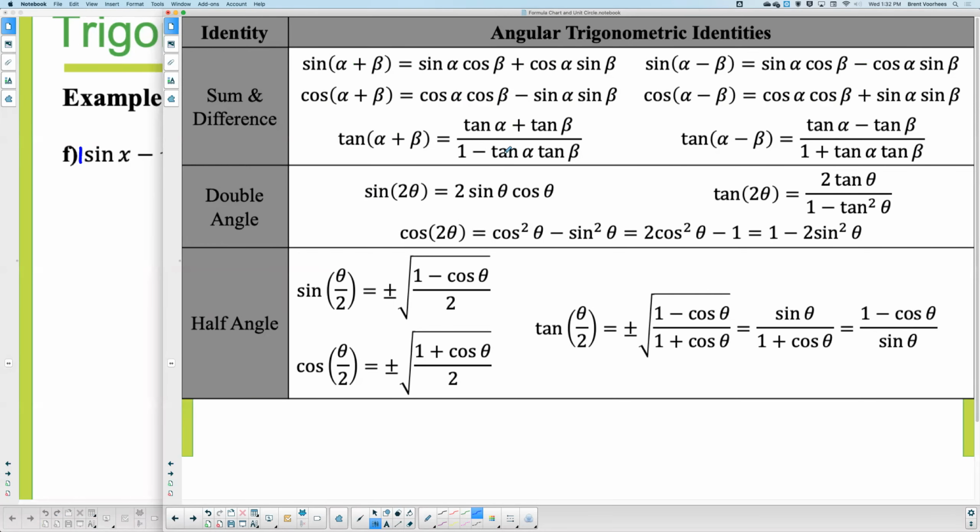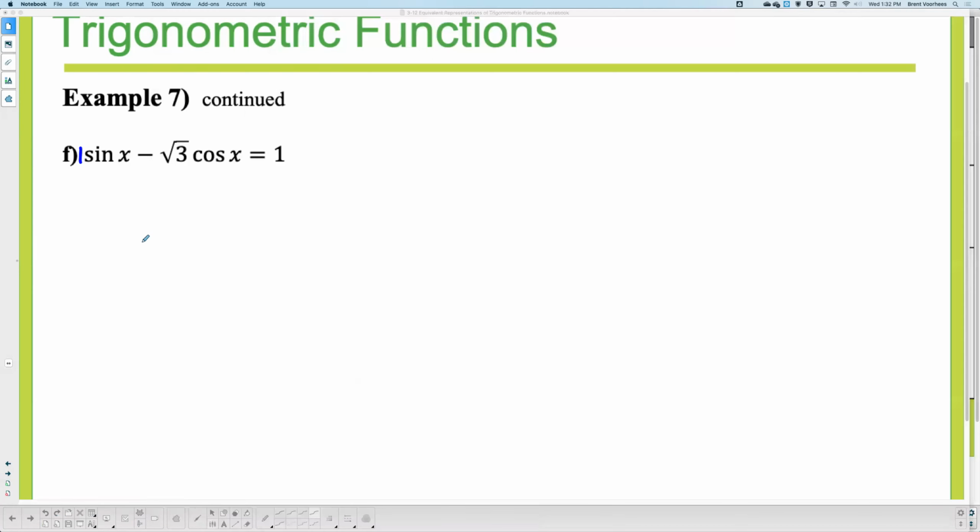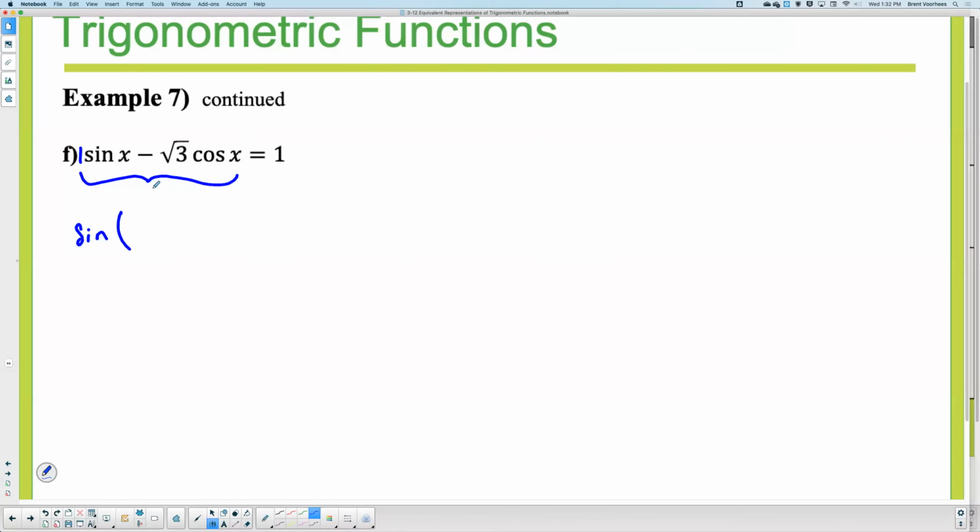It's going to be, yes, sine A plus B. So this formula right here, this is a sine sum identity. This is the same thing as sine of my two angles. I said sum identity. It's not the sum, it's the difference. X minus, now do we know what the other angle is yet?